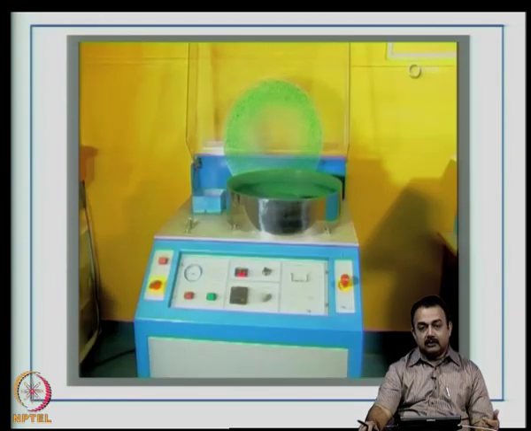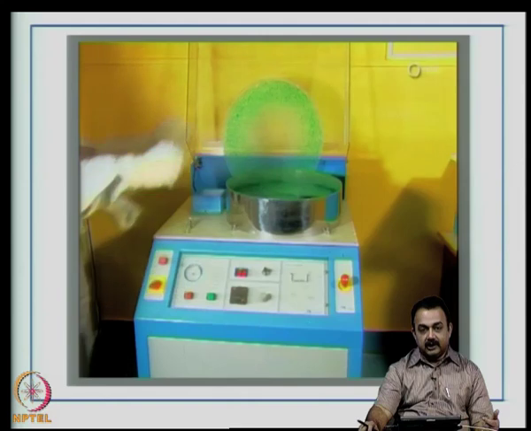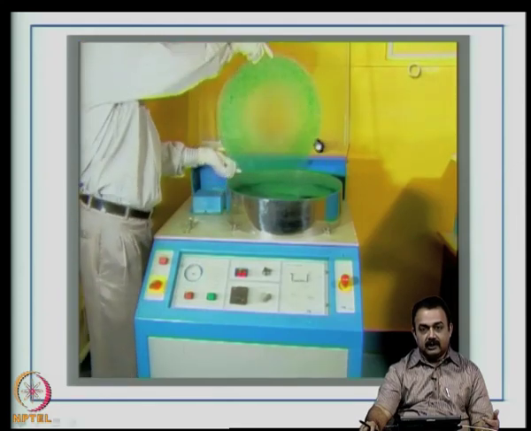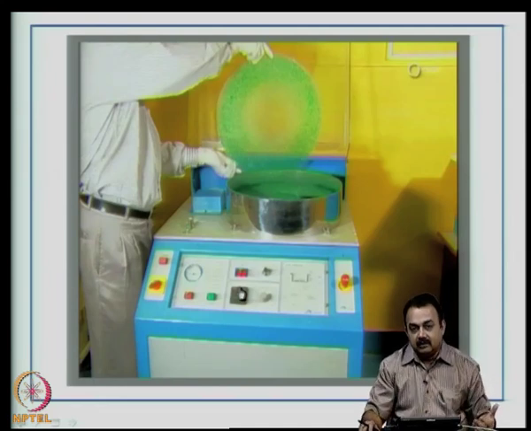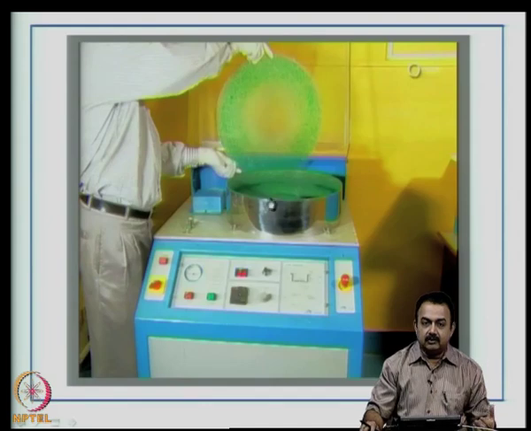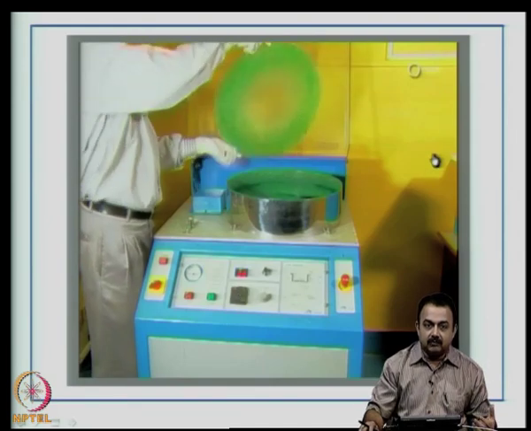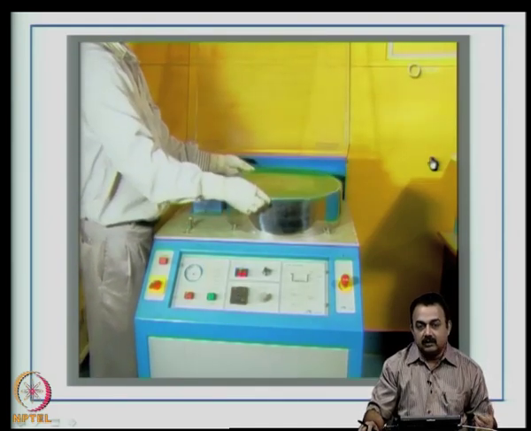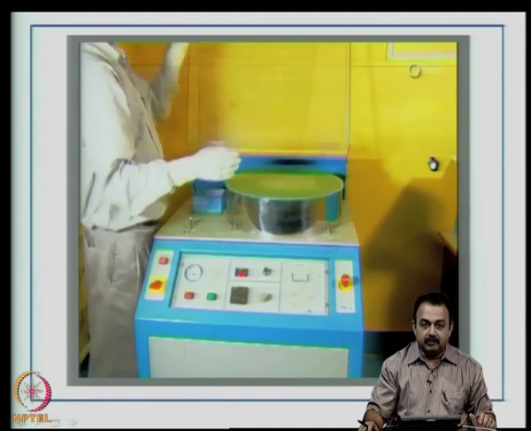Now, after that is done, the spin coating equipment is ready to start. You have now set the RPM here and you have set the time. This is again based on a lot of trials that you do. So, for different materials you have to do some kind of a trial run before you work on the final process parameters.